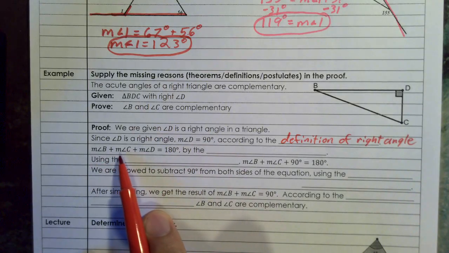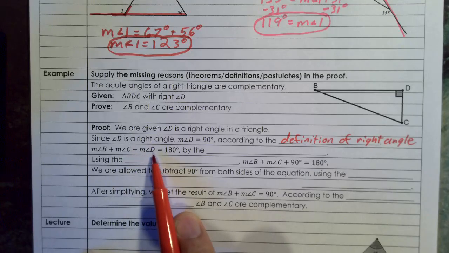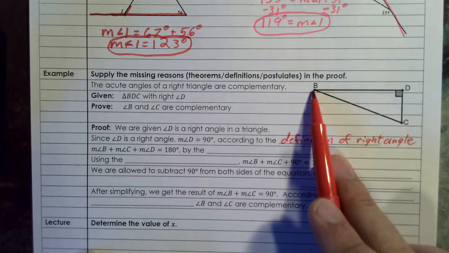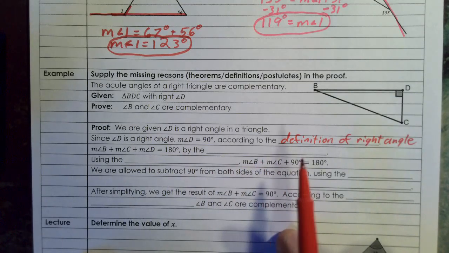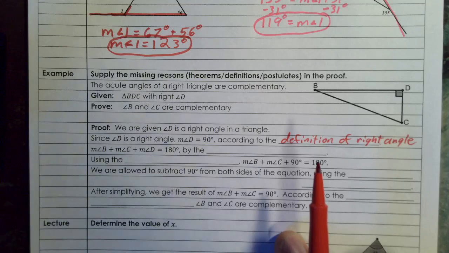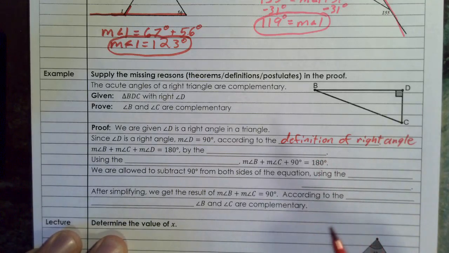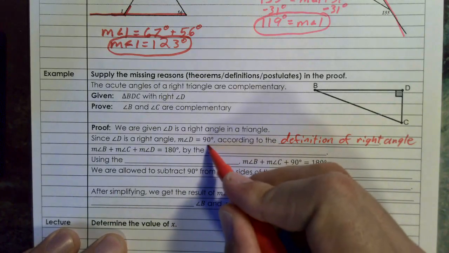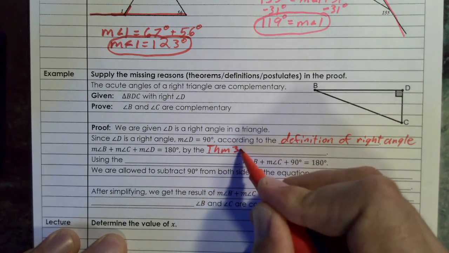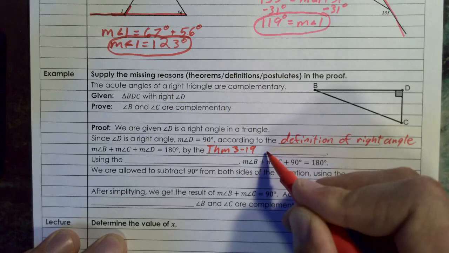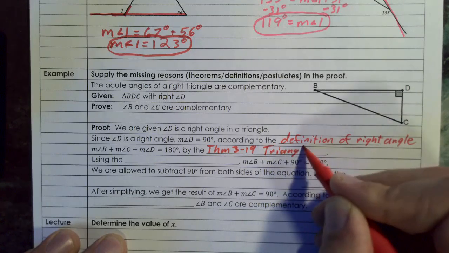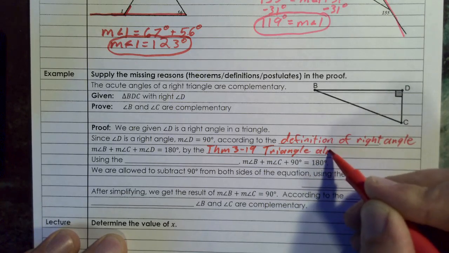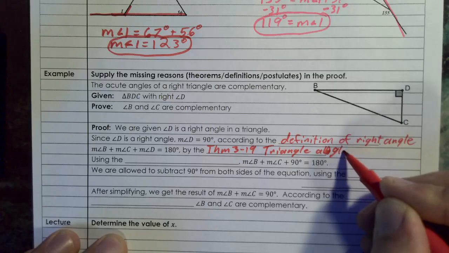Then we've got the measure of angle B plus the measure of angle C plus the measure of angle D is 180 degrees. So that's BDC. So that is the theorem that we started this video out with. The triangle angle sum theorem, which is theorem 3-19, or the triangle angle sum.